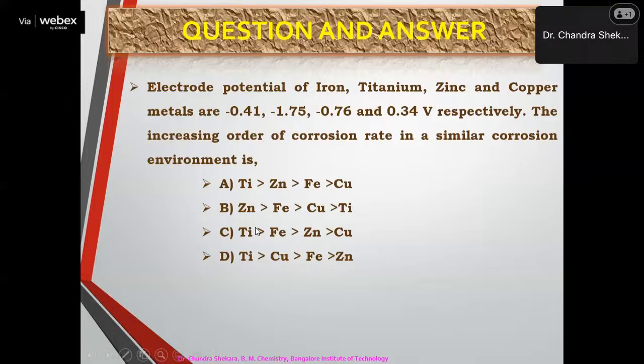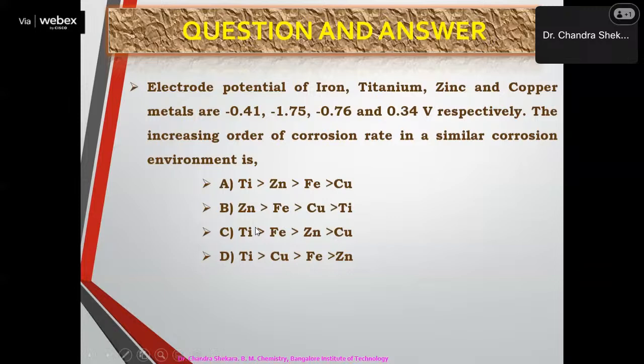So rate of corrosion depends mainly upon the electrode potential value, and also it depends upon the nature of the environment. I could not discuss the nature of the environment here, but under a similar corrosion environment, the potential values of four different metals are given, and you are asked to give the increasing order of the corrosion rate of these metals.